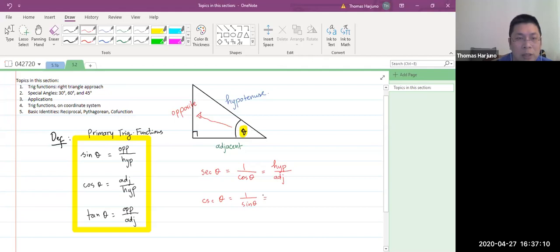So once you memorize the formula for sine, which is opposite over hypotenuse, then the formula for cosecant will be the reciprocal of that. Cotangent is the reciprocal of tangent, which is the adjacent over opposite. Okay, now these are the secondary trig functions.